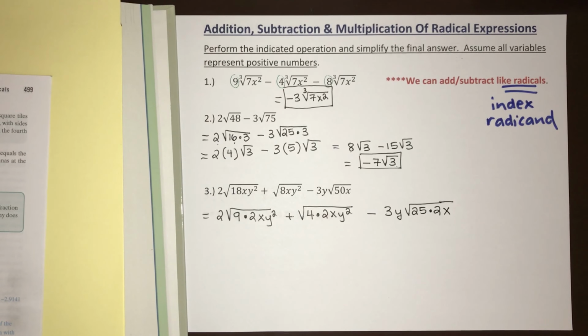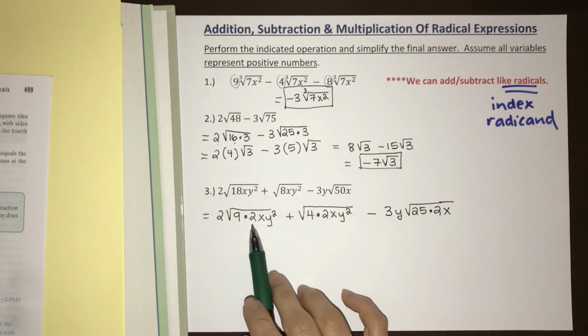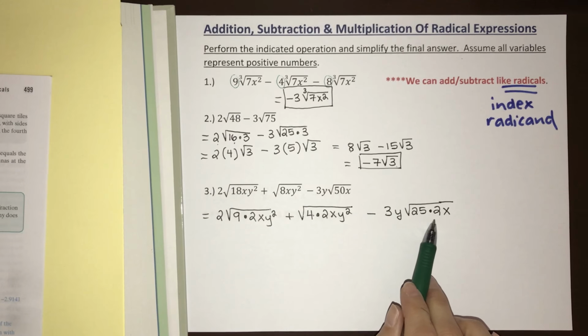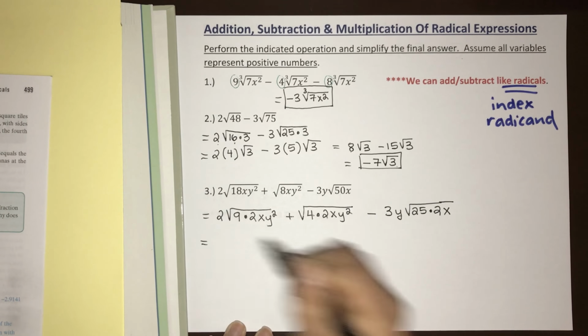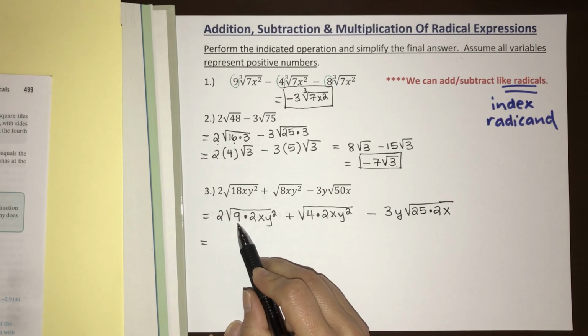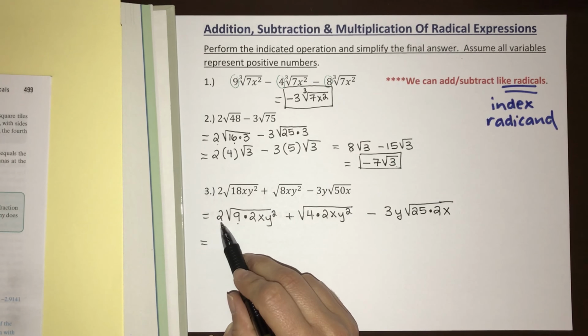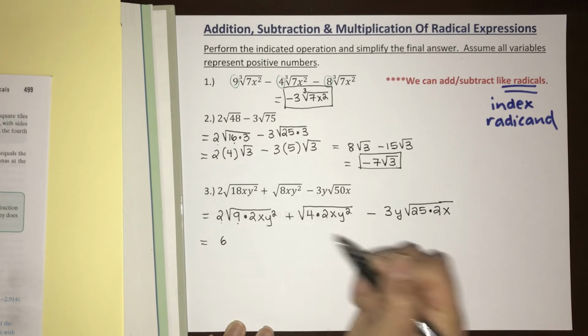Now we need to take the square root and also see what the like radical is. You can also take the square root of y squared, so we have to do that as well. It seems like the like radical is going to be 2x because that is common to all three of these. Square root of 9 is 3 times 2 is 6.